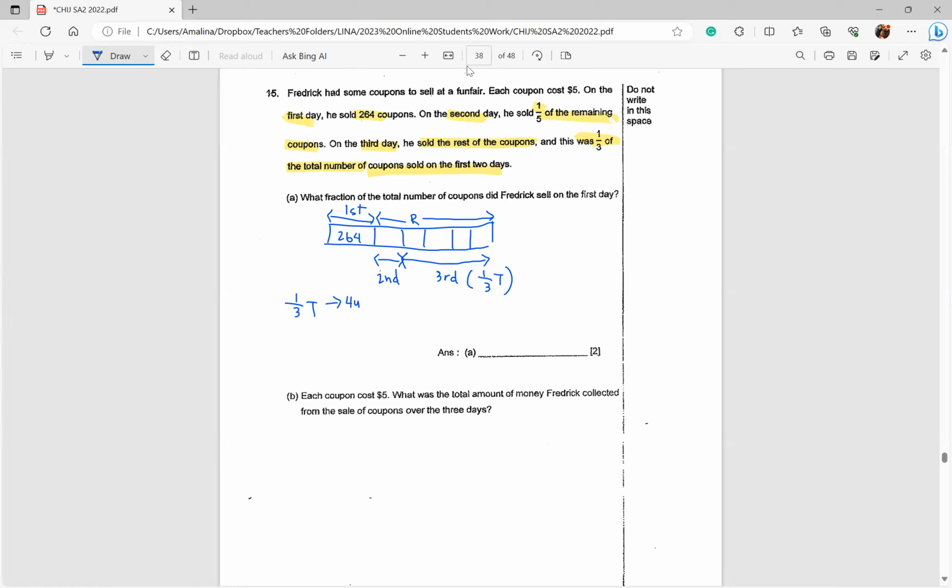Sorry, hold on. It's not 1/3 of the total here. It's 1/3 of the first 2 days. Let me erase this. This is not 1/3 total. This is 1/3 of your first and second day.